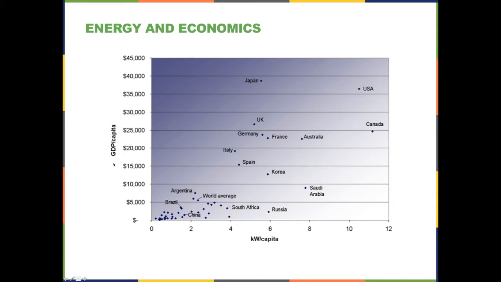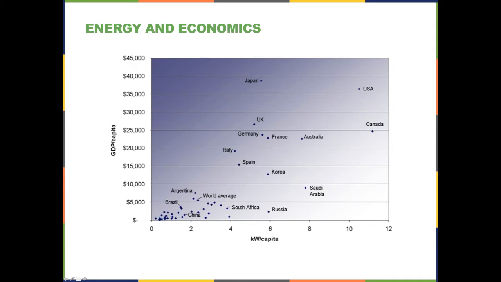This is just a graph looking at the gross domestic product on the y-axis and the kilowatt hours of power used per capita of individual. So the larger this number, the more energy that's used. And you see that the higher the per capita income is, this is how much a person makes per person.